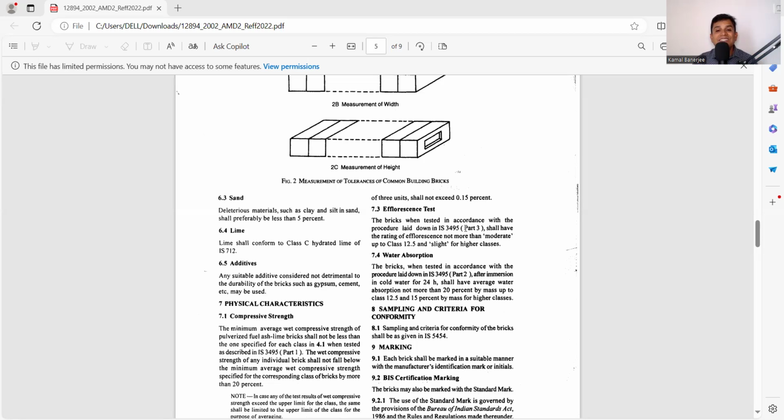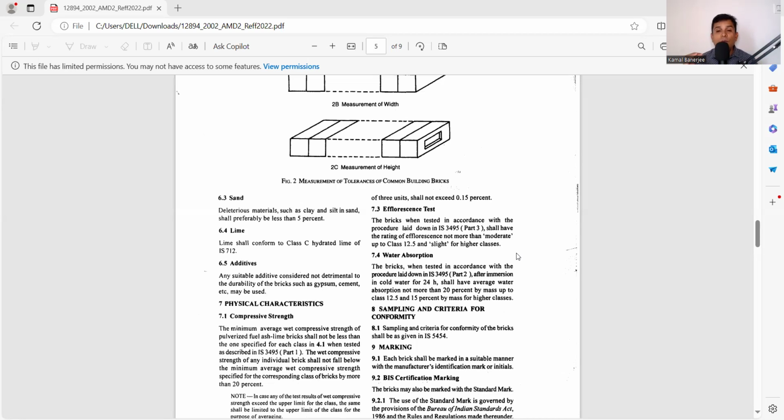The bricks, when tested in accordance with the procedure laid down in IS 3495 part 3, shall have a rating of efflorescence not more than moderate up to class 12.5 and slight for the higher classes. I have made a detailed video on this. Please check there or in the description, you will get the full information.